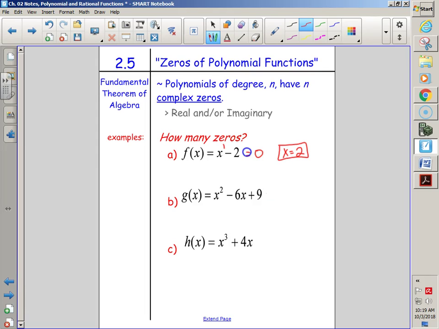How would we find the zeros? Yeah, factor. Some of you can do this mental math pretty quick, and some of you would need to actually think through the x. But it's x minus 3 times x minus 3. Wait a minute. It's only 1 zero, and the degree is 2. Ha! We disproved this huge fundamental theorem of algebra.